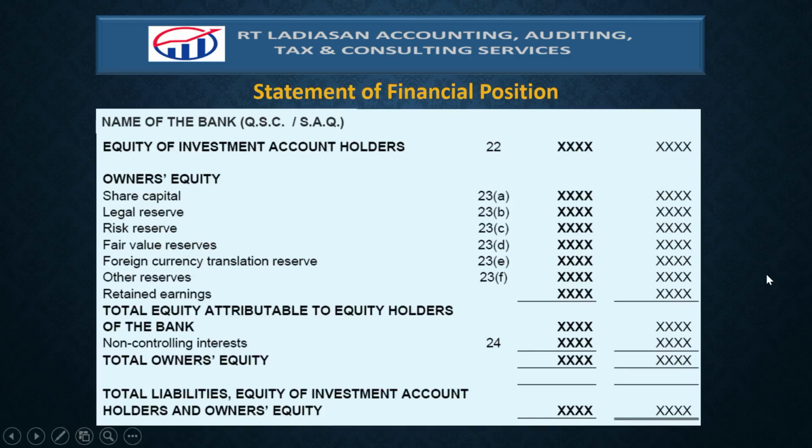Then after the equity of investment account holders, the owner's equity. And you can see here the total equity attributable to equity holders of the bank, which also shows the non-controlling interest.